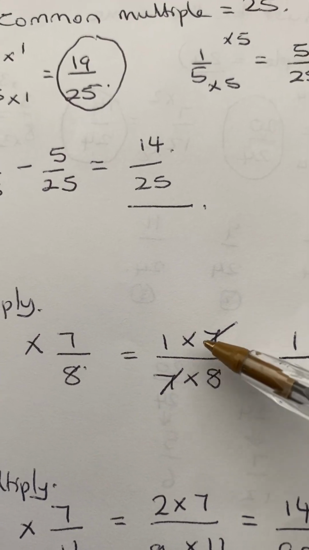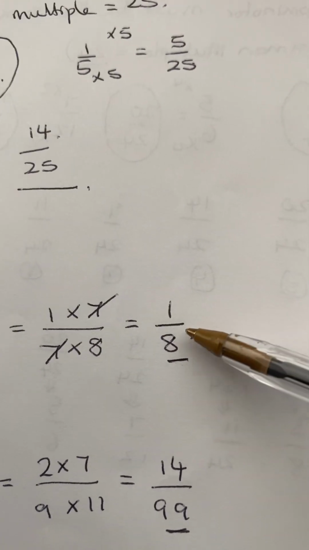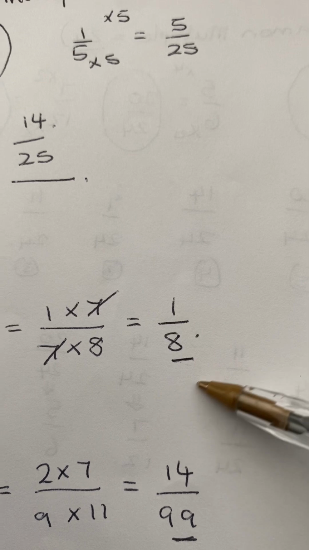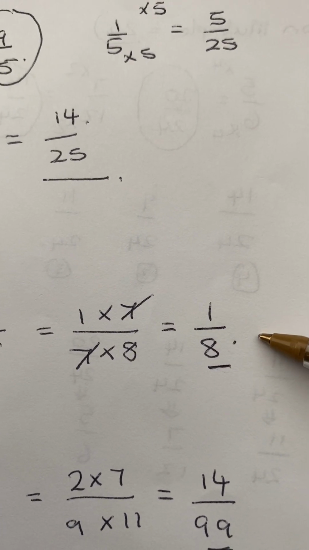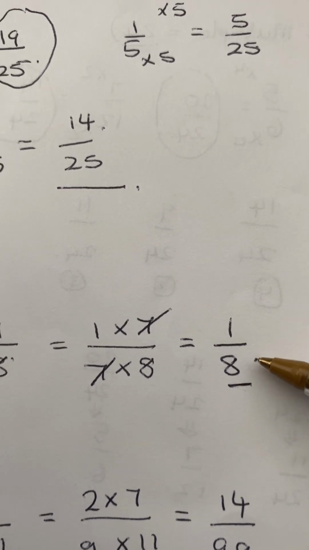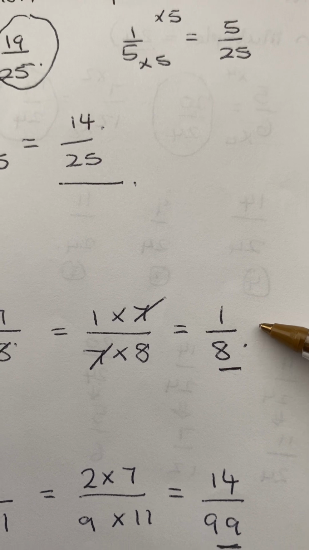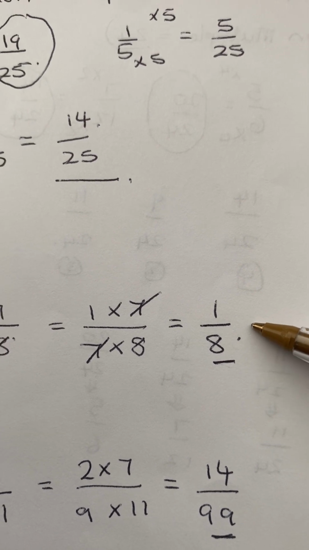So when the 7 cancels out, we have 1 times 8. So straight away, we have our answer in the lowest form. This is very easy. You should be able to do that. Even I think a top set in primary school, year 6, should be able to do this.